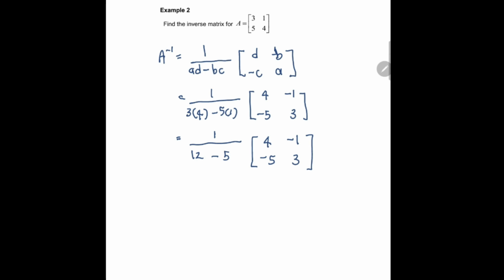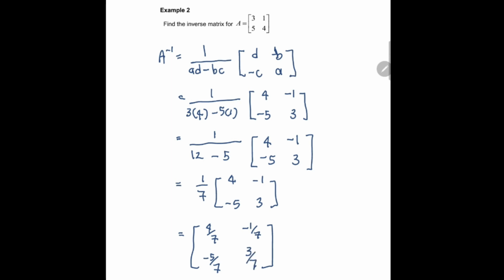Then it should be 1 over 7, 4, negative 1, negative 5, and 3. And lastly, you need to multiply all the elements in the matrix with the figure in front. So it will be 4 over 7, negative 1 over 7, negative 5 over 7, and 3 over 7. That's how you get the inverse of matrix A.